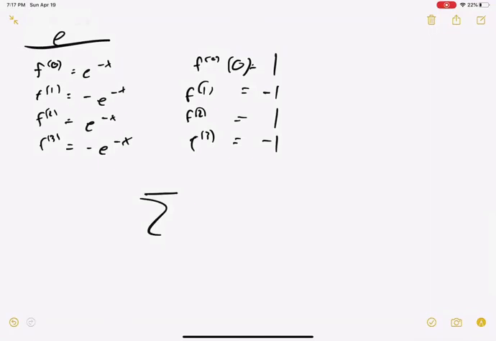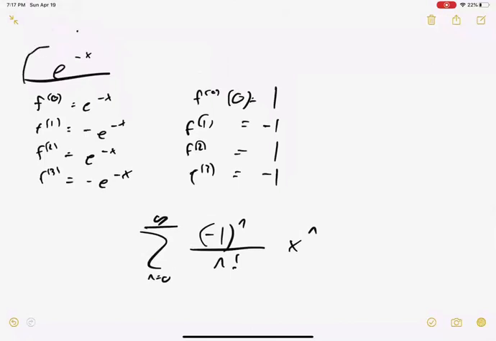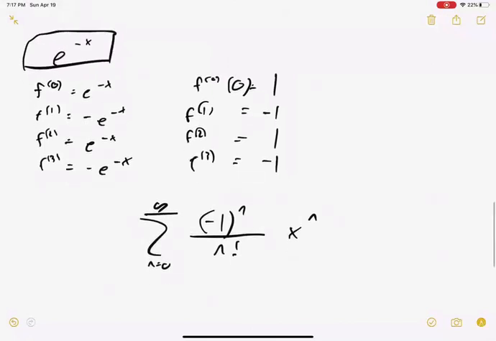Okay. So this f^(n)(0) should be negative 1 to the power n, and then I got n factorial and x to the n, right? So this should be my power series for e to the negative x, but I was looking for the power series for x e to the negative x, so I should just multiply this by x.